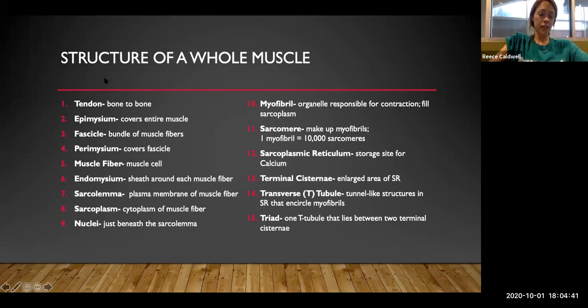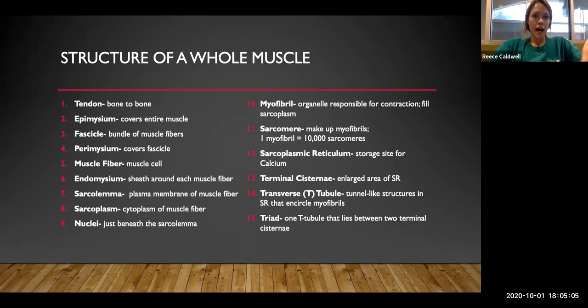So we have our tendon that's connecting our bone to our muscle. And whenever we look at that muscle, there are a bunch of these bundles. And what they are is bundles of muscle fibers. Note this down. Anytime you hear the word muscle fiber, I am referring to a muscle cell.